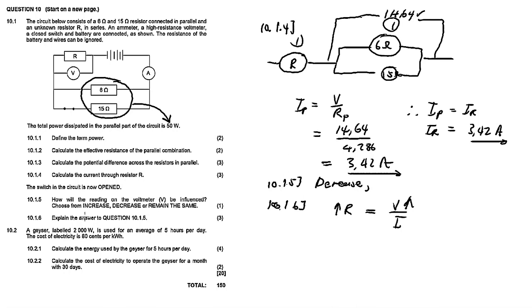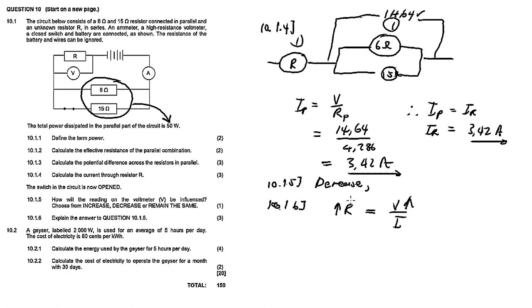And now this one, what's the question? The reading on the voltmeter, how will the reading on the voltmeter be influenced? A higher resistance in the series connection will take up more energy, or it will require more potential difference. So therefore the voltmeter reading will drop, and then this one is increase.